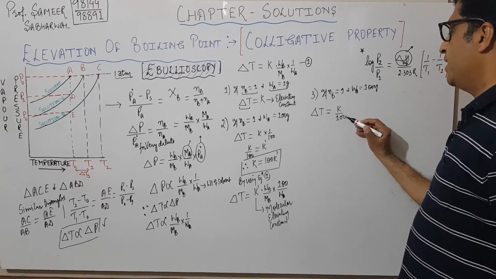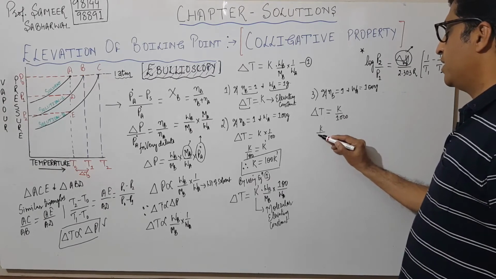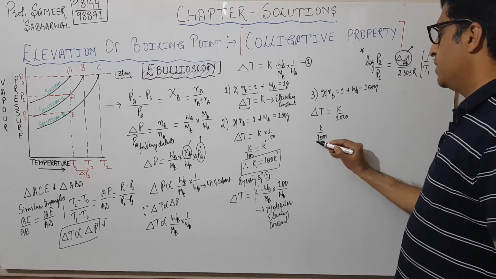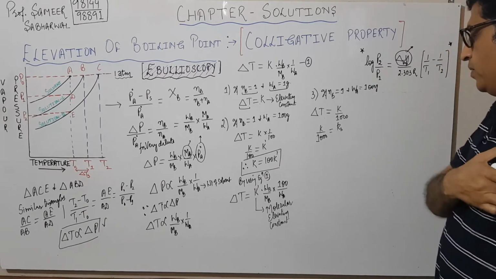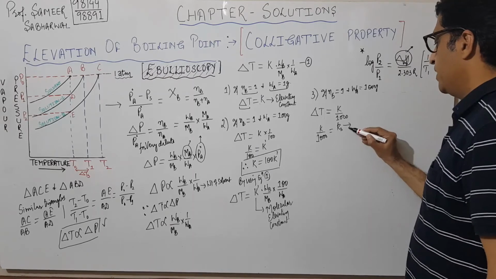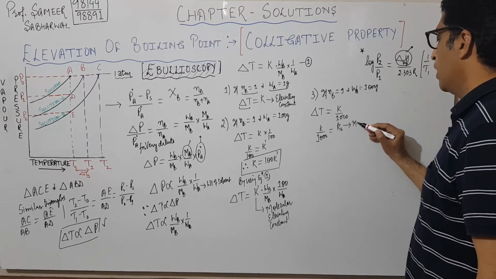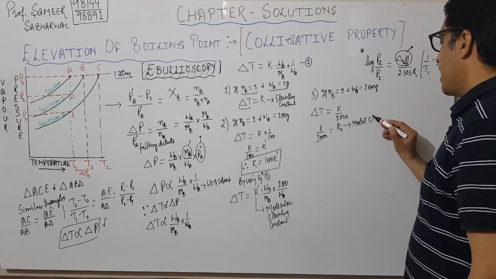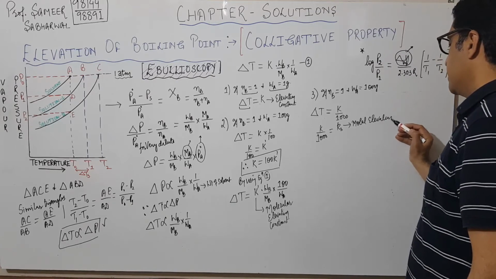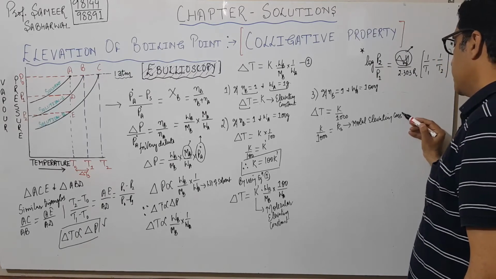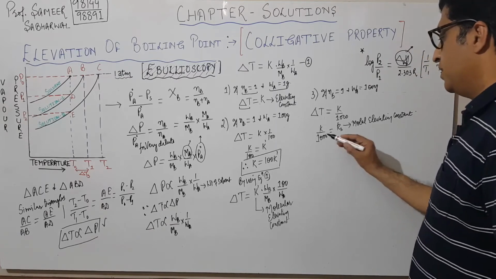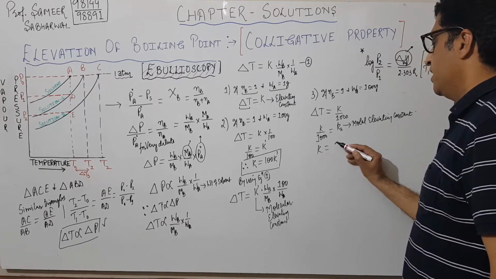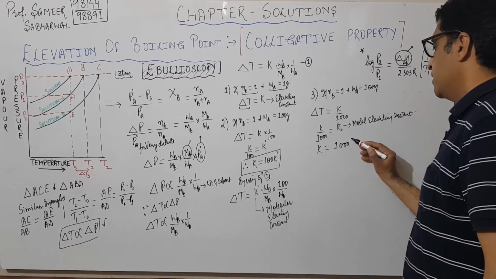And I say K by 1000 is equal to a new constant, say KB. Now, what is KB? It is basically the molar elevation constant. Then what is K? Definitely this is 1000 KB.